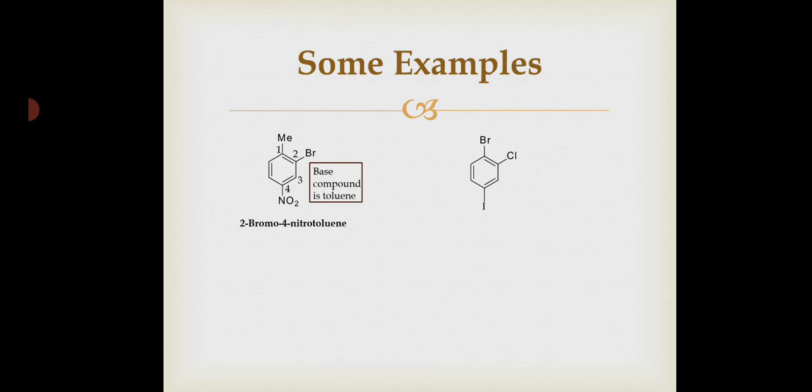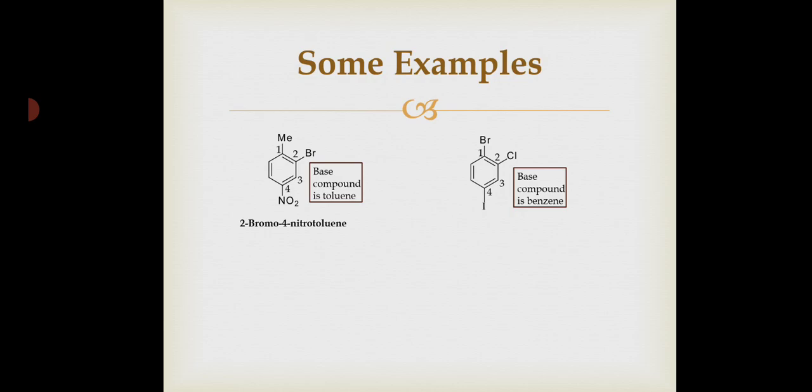And if you go to video 8, you will see in the priority table, bromo gets highest priority, then chloro, then iodo. So the numbering obviously should start from bromo, and the numbering should be done in such a manner that the other substituents get minimum numbers. So this is the best possible way of numbering.